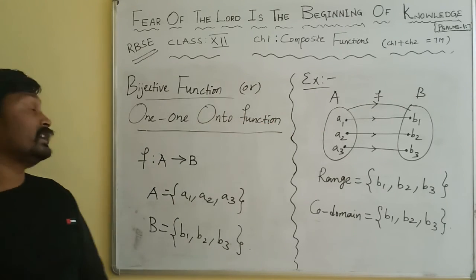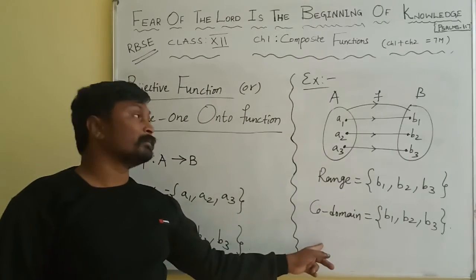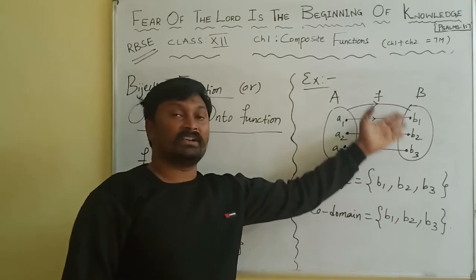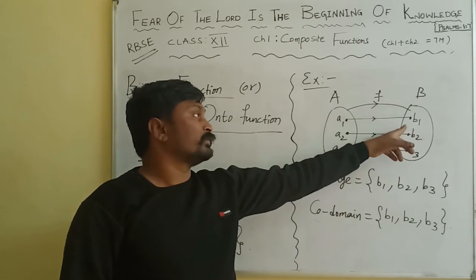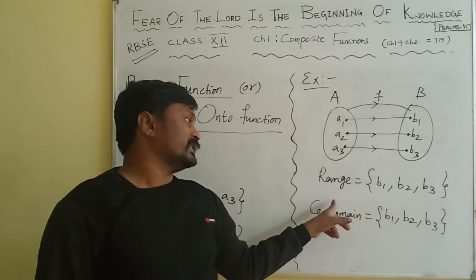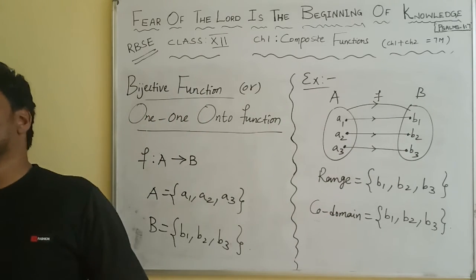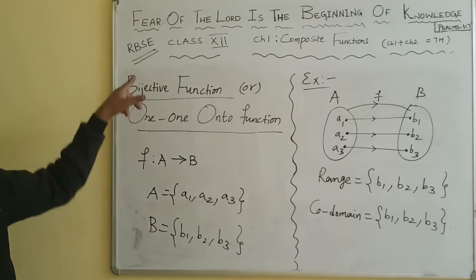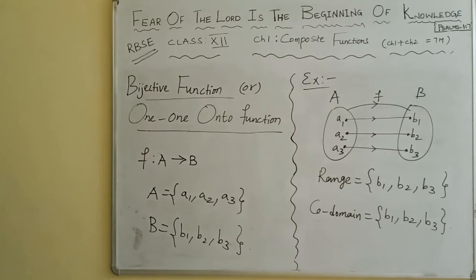And what is meant by onto? The range is equal to the codomain. You have already observed in the last topic that B1, B2, B3 is the range and in the same manner the codomain. So it is onto. If a function is both one-to-one and onto, then that function is called a bijective function. So that is about bijective function.